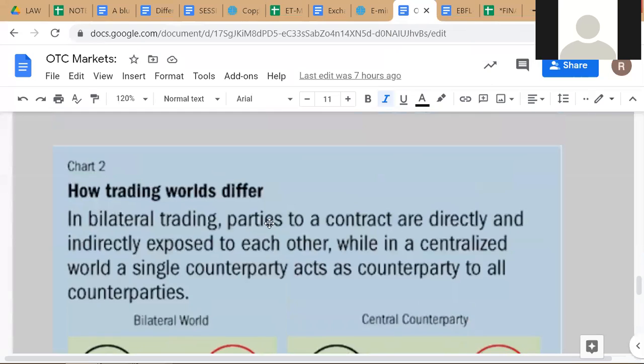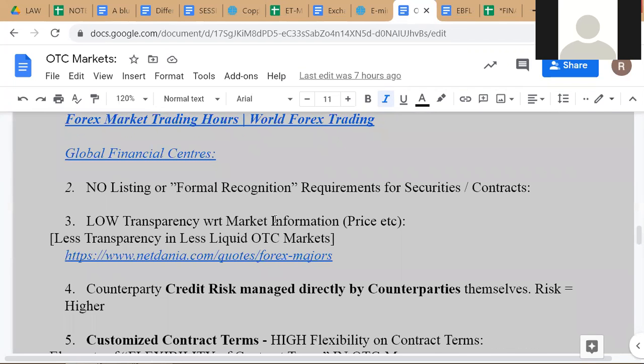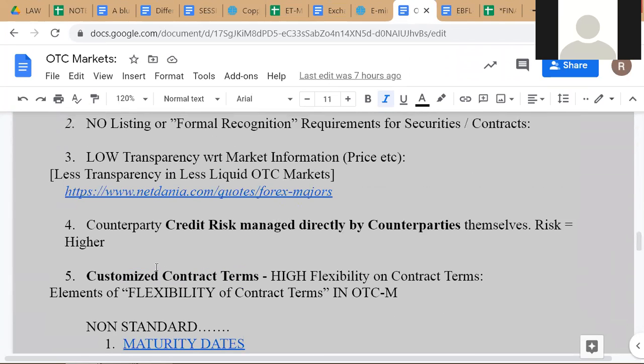We're going back and forth a little bit in these notes. I'll talk about credit risk managed here.